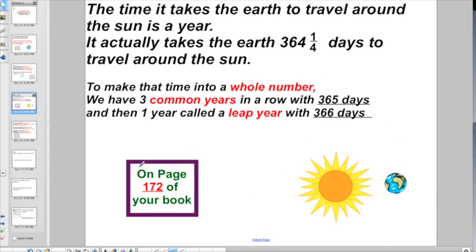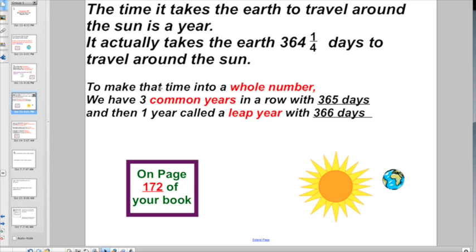So a little bit more information, this time coming at us from page 172. The time it takes the Earth to travel all the way around the sun is 1 whole year. And the trouble is, if you measure it perfectly, it really takes the Earth 365 and 1/4 days.